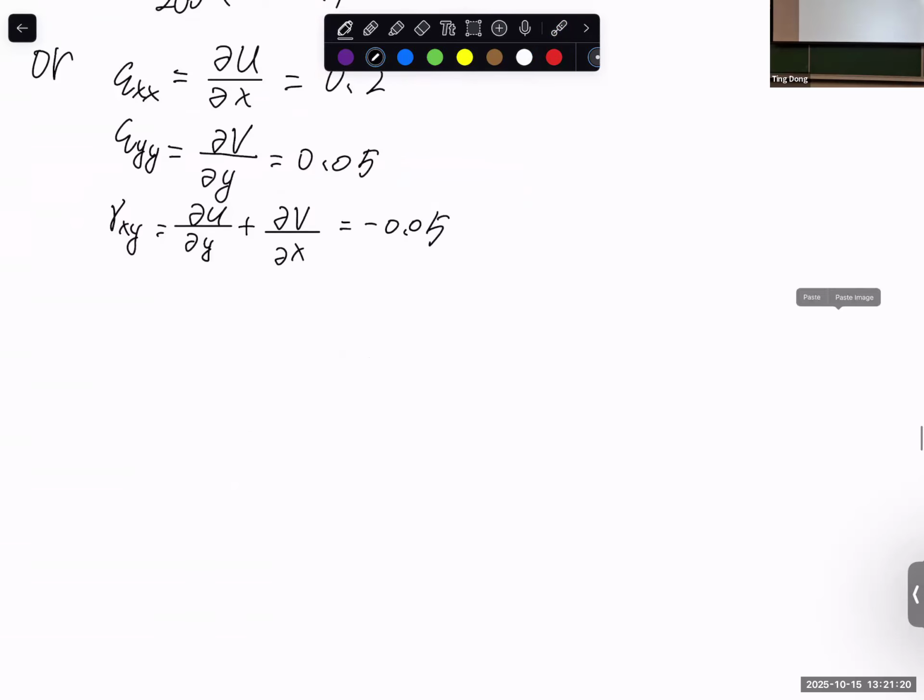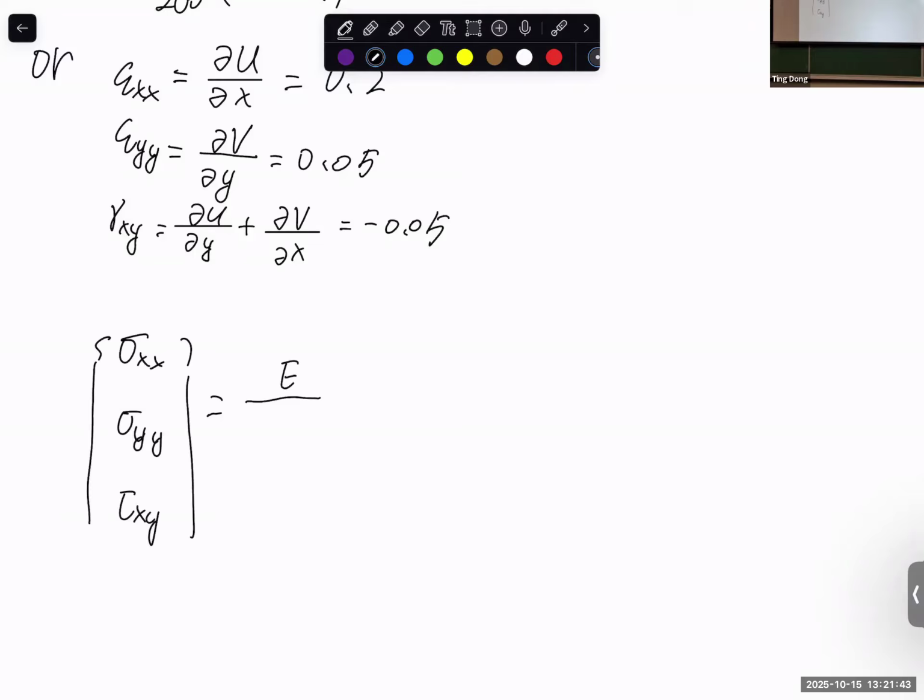So again, I will write this equation here directly. I do not expect you guys to memorize this one. I will provide it in the exam. Stress in X, stress in Y, shear stress tau xy, equals Young's modulus over (1 minus Poisson ratio squared), times the matrix: 1, Poisson ratio, 0; Poisson ratio, 1, 0; 0, 0, (1 minus Poisson ratio)/2.